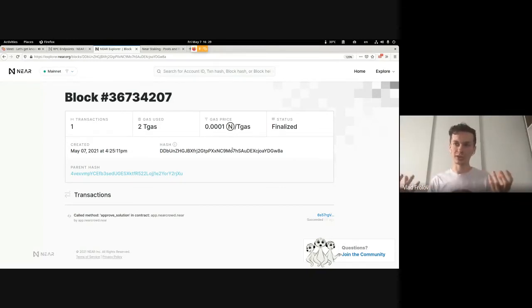You have 10 chunks produced in the same second, and then we decide to call this whole thing a block.